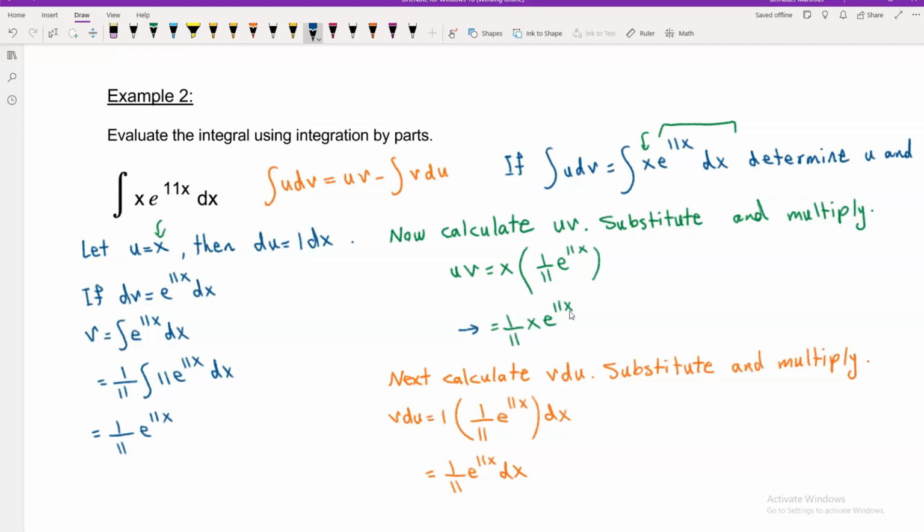Next step, find v times du, because we're trying to use this formula to find our answer. Our du is 1 times dx, and v is what we have here. So this is equal to 1 over 11 e to the power 11x times dx.